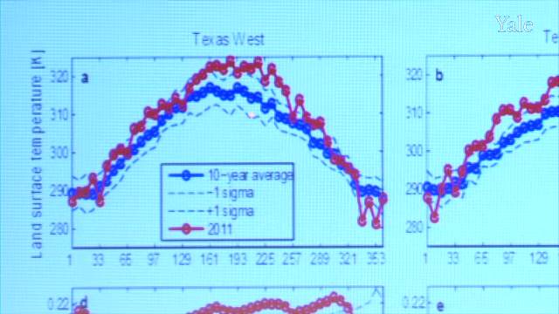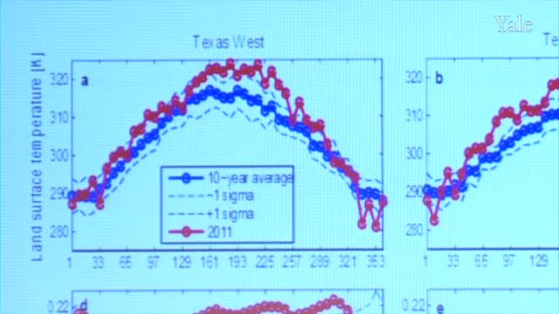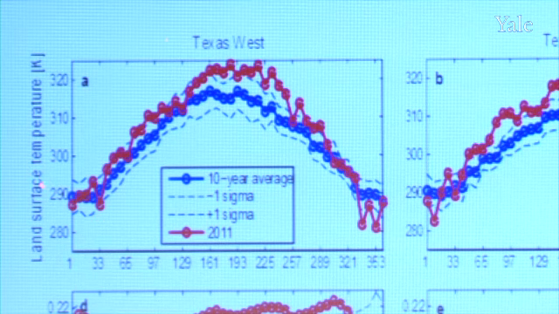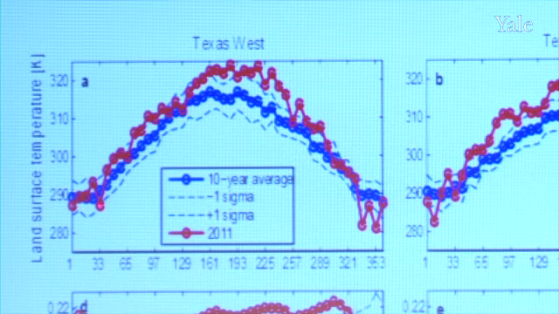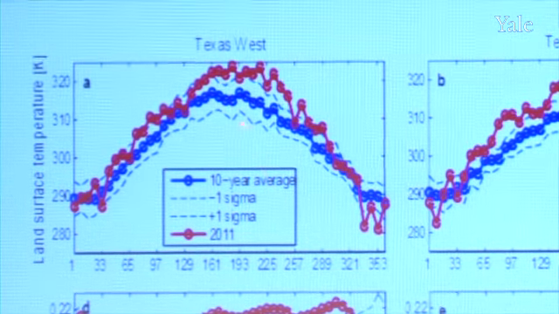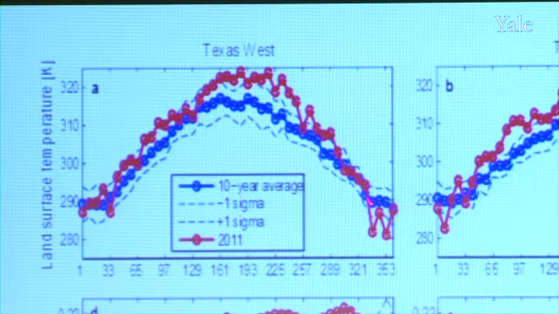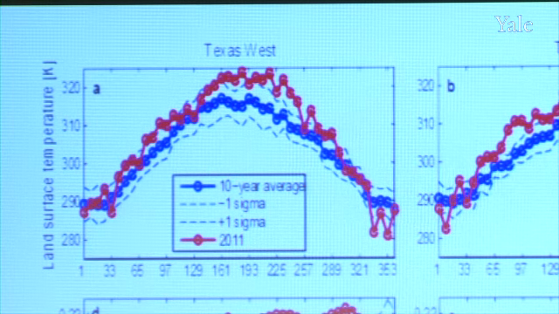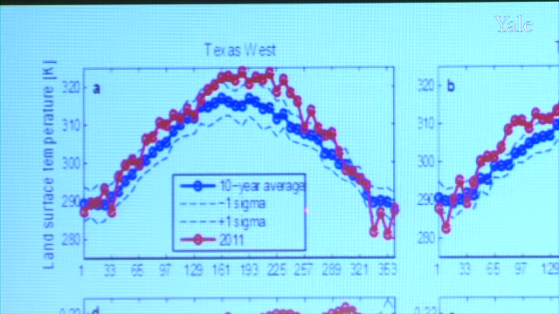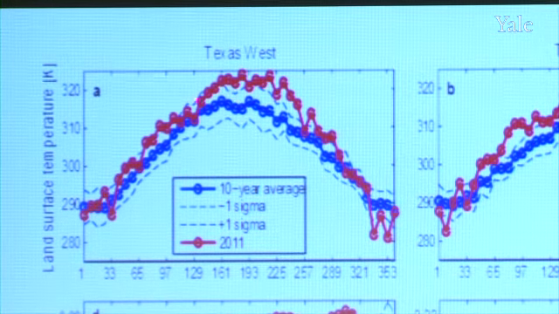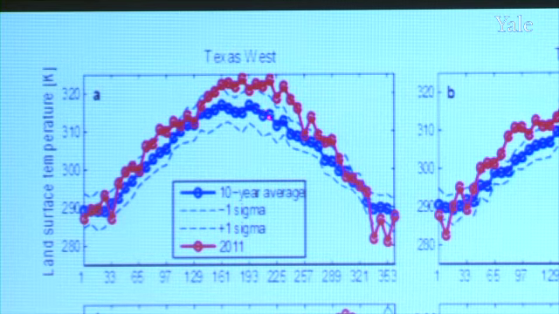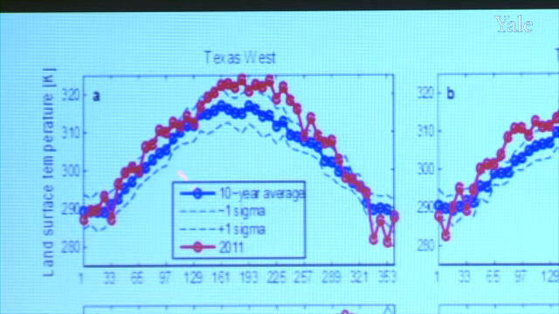So let's first of all go across and look at the top panel. What you're seeing here primarily is the seasonal cycle in temperature. The land is colder in the winter, warmer in the summer. That amplitude is a little bit greater in West Texas than in East Texas. And in the 2011 drought year, we see a rather substantial extra warming.